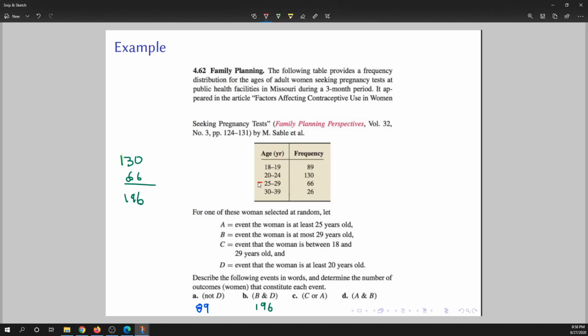So 25 or older. So that would be A. And C would be the event that the woman is between 18 and 29. So 18 and 29, that would go all the way here.